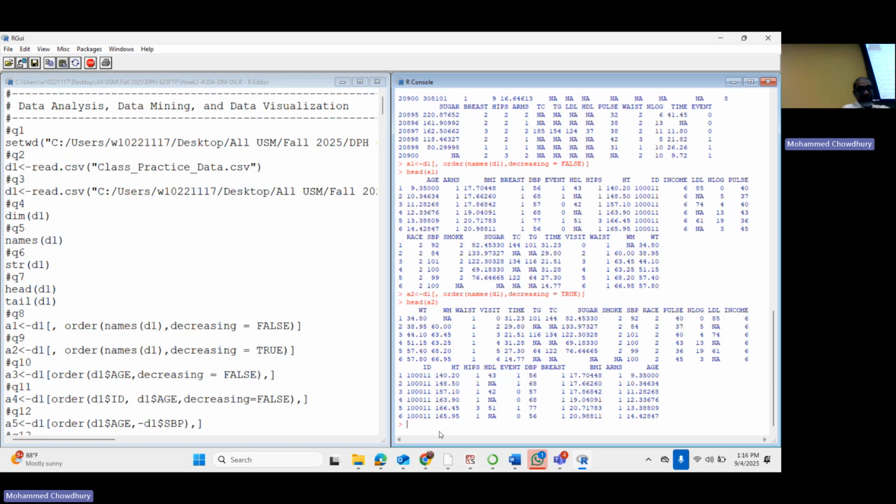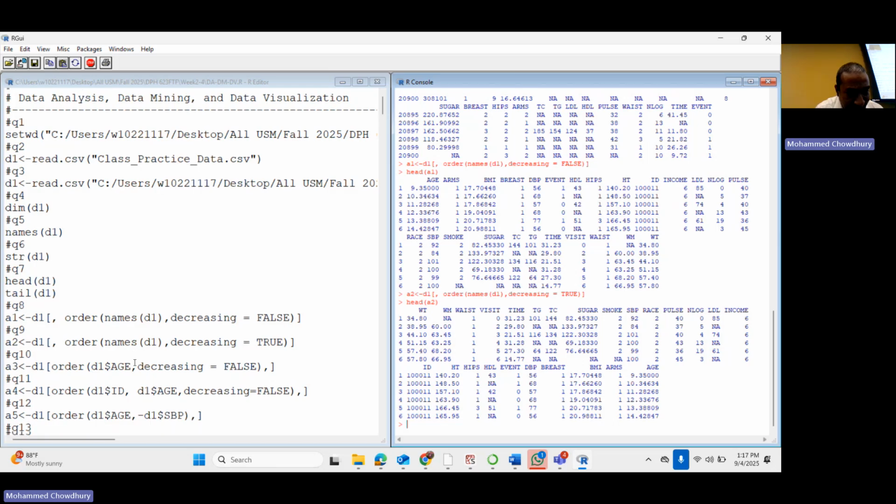Okay. After that, now I want to arrange the data so that the lowest value of age comes first. Are you seeing the age value, right? I want age to be in ascending order, smallest to largest, for the entire data set, which can be done by running question number 10.